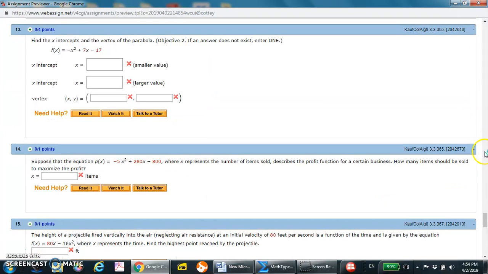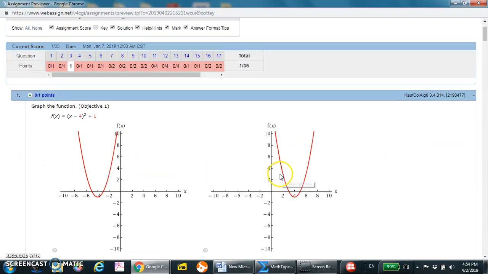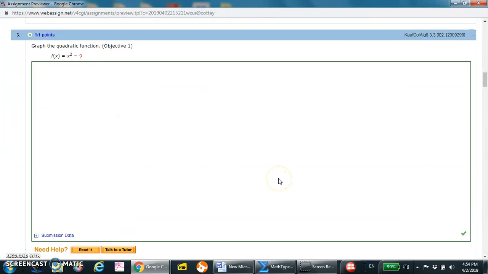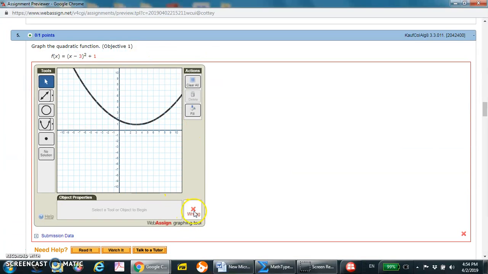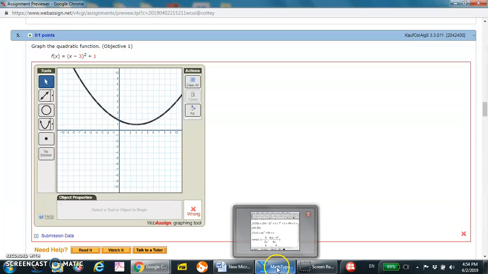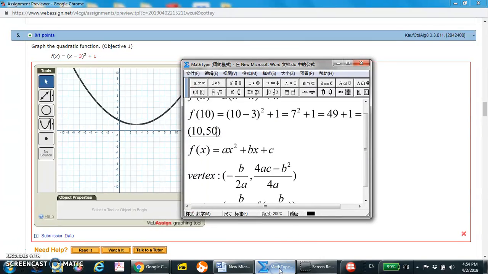However, if we use this point to graph our parabola, you will see it says wrong. The reason it says wrong is not because your calculation is wrong. It's because on this software, the highest x value and y value are positive 10 and negative 10. Therefore, the numbers you are going to use must be within this range.